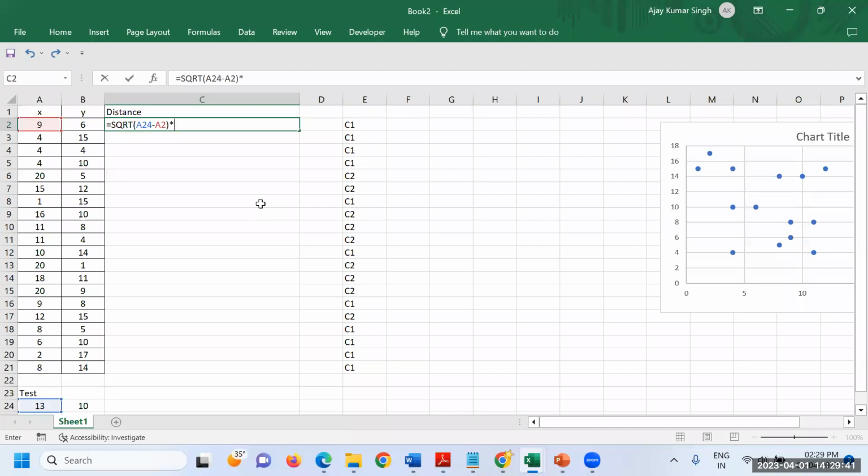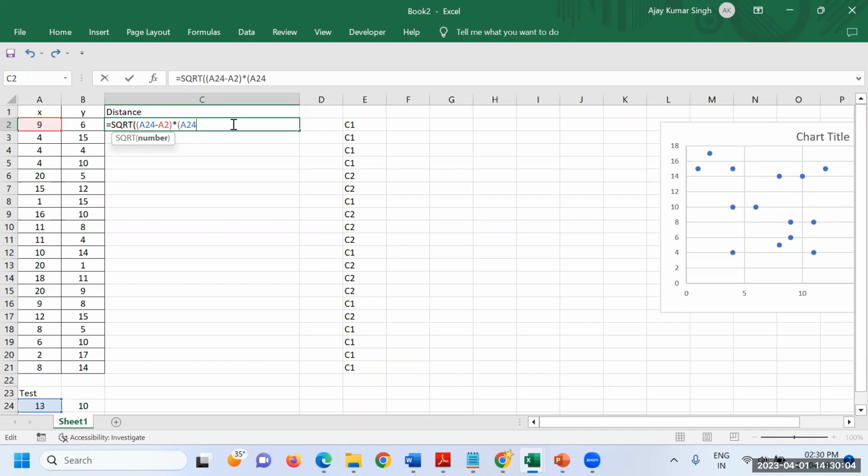Then multiplied by the same thing, because it is square. Means 2 times we have to take the same point, so 2 times we have to write this minus that also.